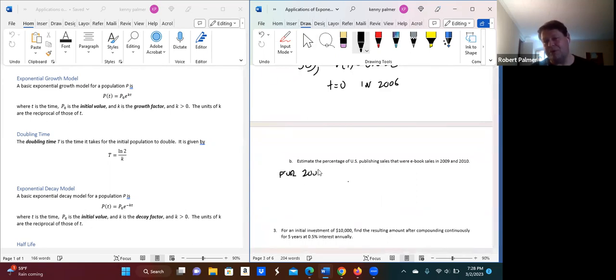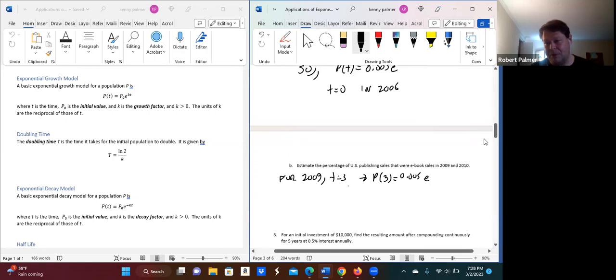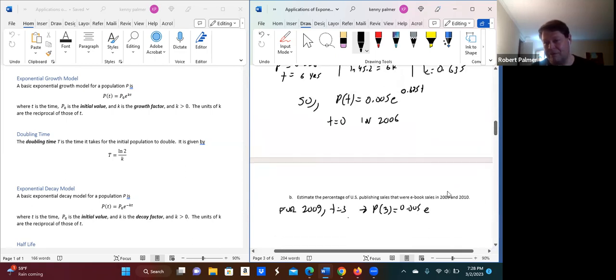For 2009, t is equal to 3. And so P of 3 is going to be 0.005 times e to the 0.635 times 3.